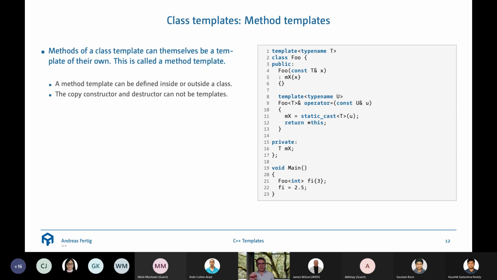And now, thanks to my method template here, I can assign 2.5 to f of I. And internally in this assignment operator implementation in line number 11, I use a simple static cast to cast from anything that's castable to an integer. I'm assigning this to the internal value of foo, and then I return a reference to this instance of the class. Probably don't do this at home. It's probably not so wise.